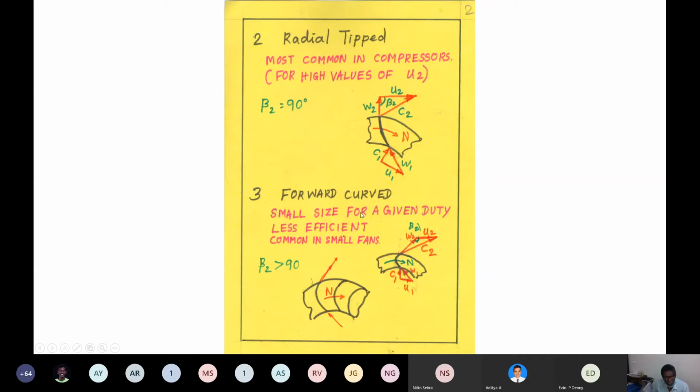You will find this type of fans in AC condenser or such applications. You can see some sort of rotors called squirrel cage rotors. So they will have many number of these forward curved blades, and the angle beta 2 is more than 90 degrees. Okay.